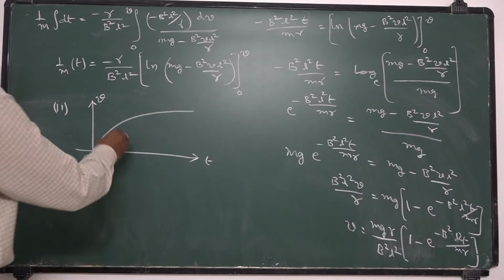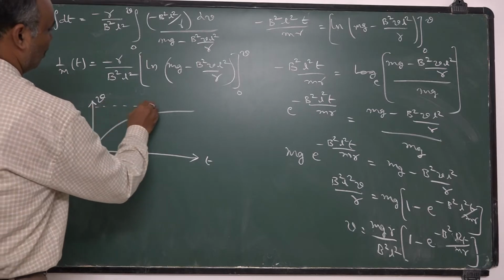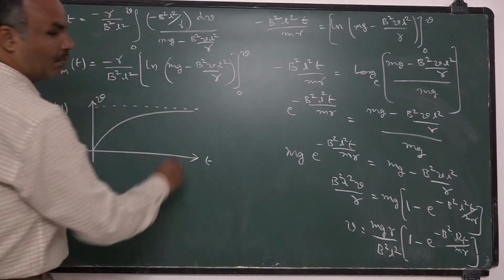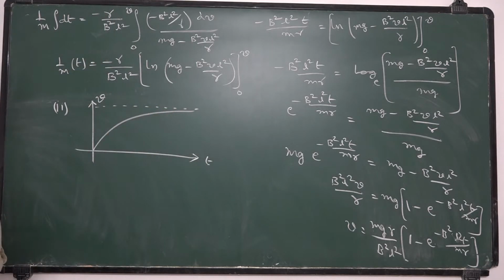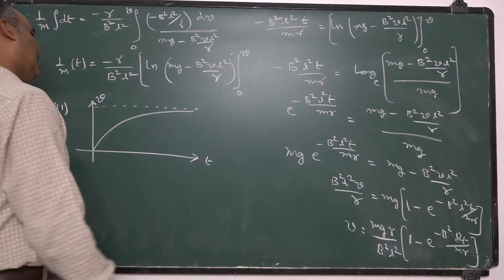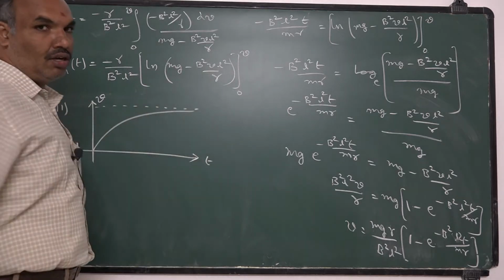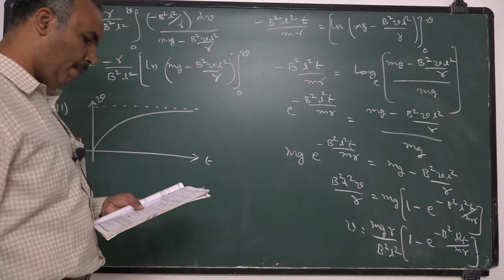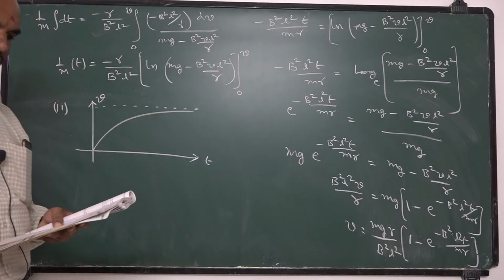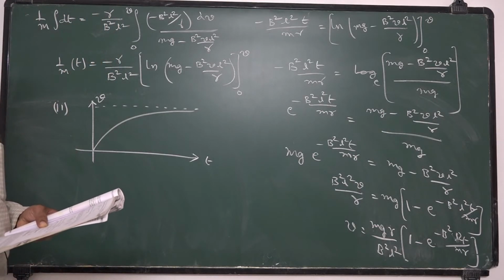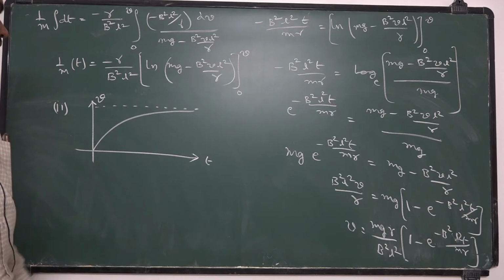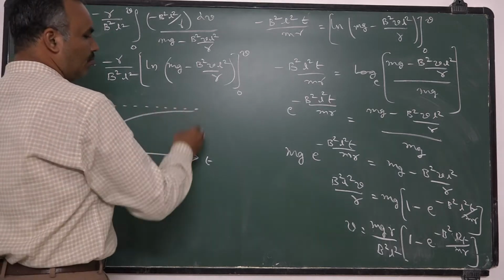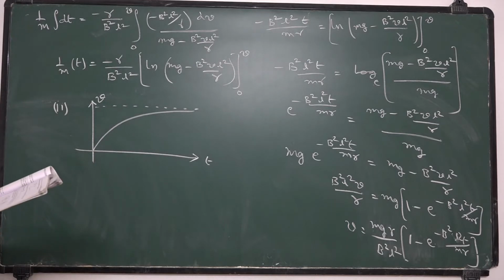After some time, the graph is almost becoming a straight line parallel to the ground. So you can say that velocity becomes constant after some time. It takes a long time to happen.